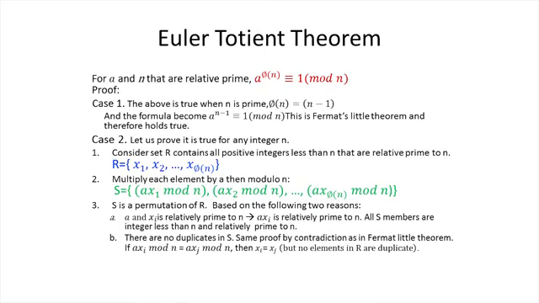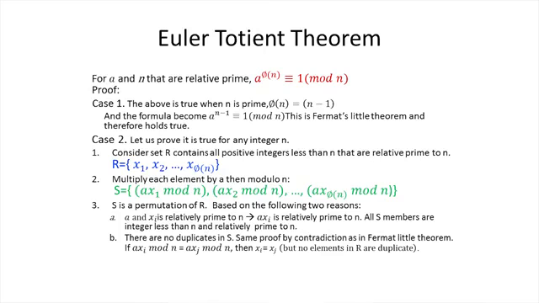Here we substitute n with p, as when we present the Fermat little theorem. Okay, case 2. Let's prove the generic case, where this Euler Totient theorem is true for any integer n.